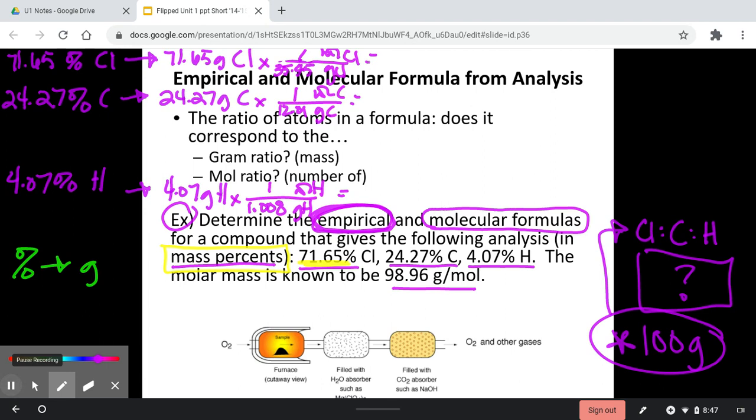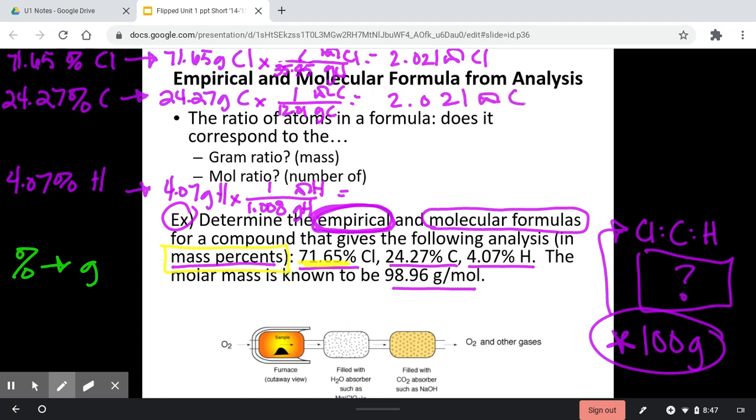All right, and now we just have to do these calculations. 71.65 divided by 35.45, and I get 2.021 moles of chlorine.